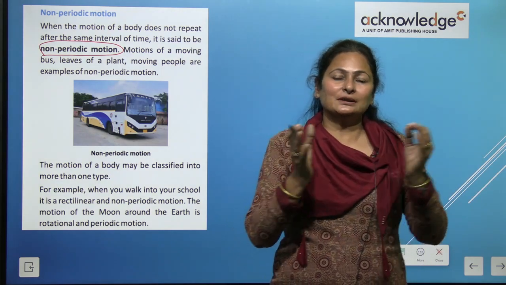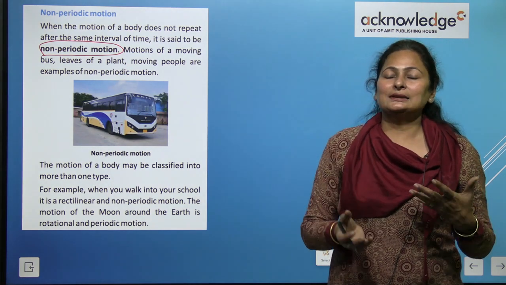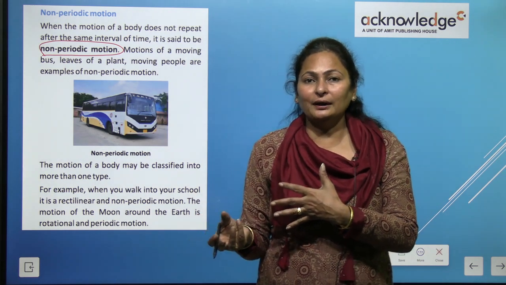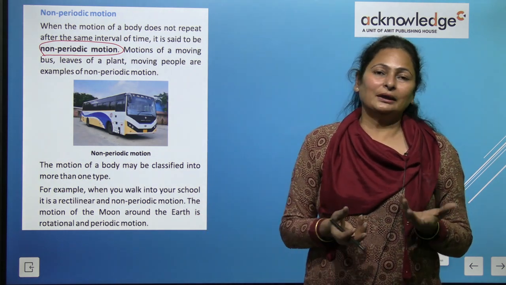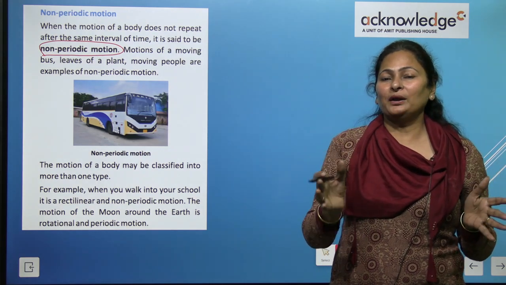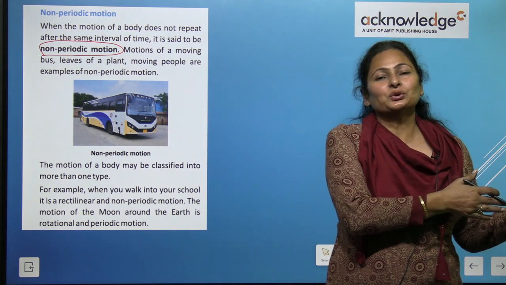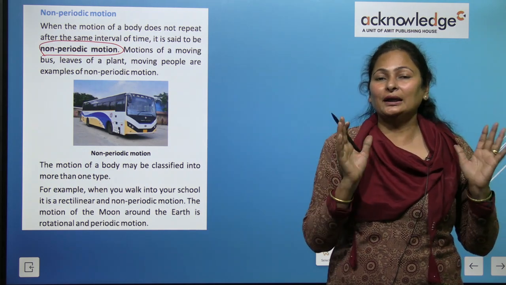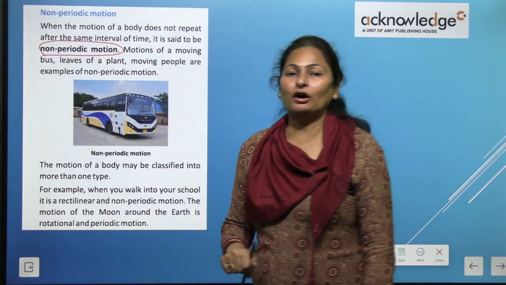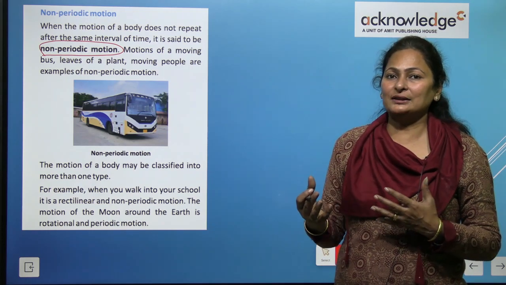Sometimes it takes 30 minutes to reach your school, sometimes it takes 35 minutes, sometimes 40 minutes, or it can be 45 minutes too. So there is a difference in the time from your place to reaching your school. So the interval is different. This is called non-periodic motion, where the time is not fixed, right?